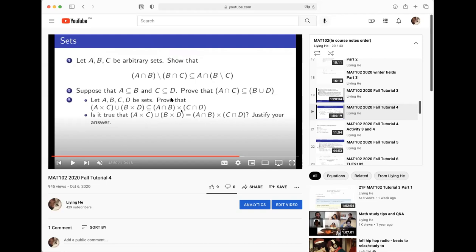So I want you to make sure you know how to do this. That's really important, because I don't have a lot of time to do all the questions. So 2 and 3, try them yourself and then you can have a look at the solution.